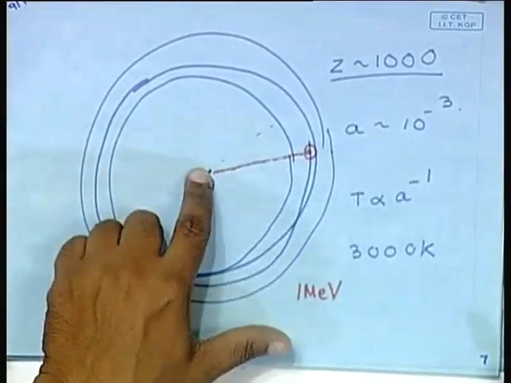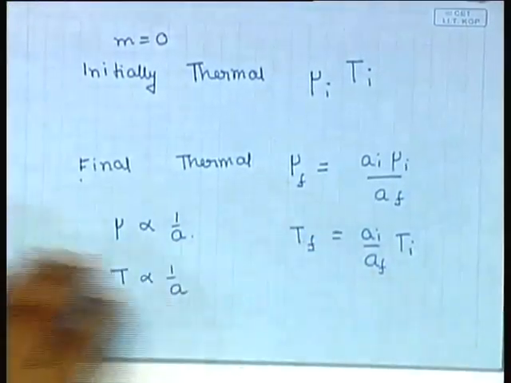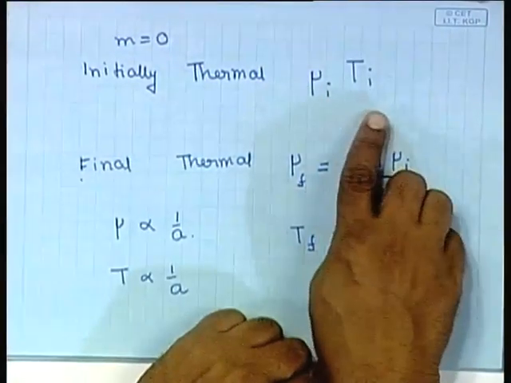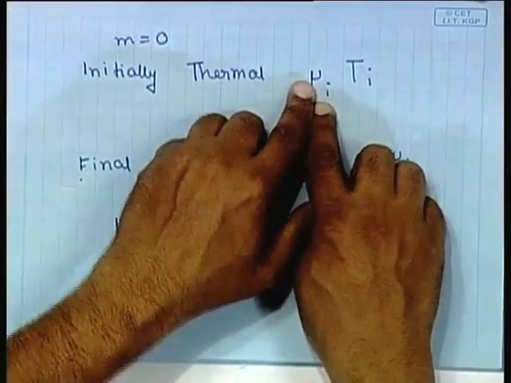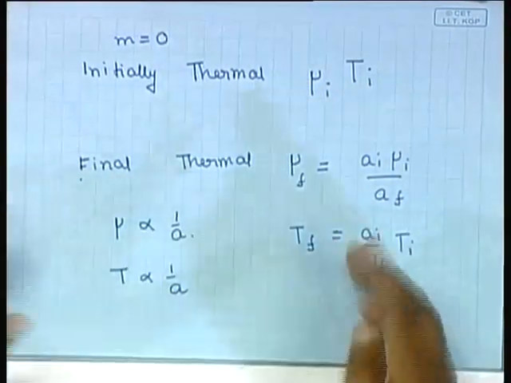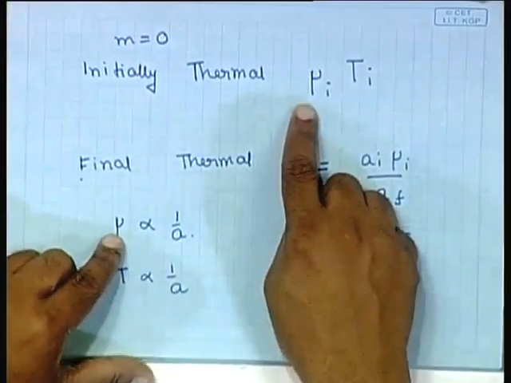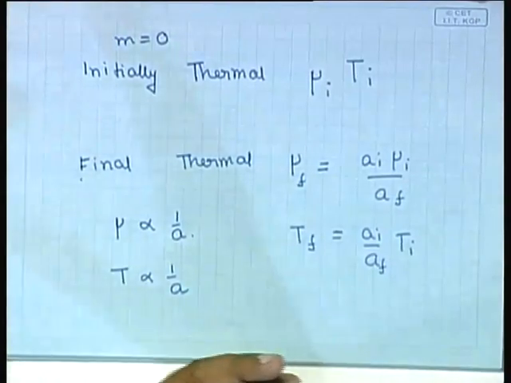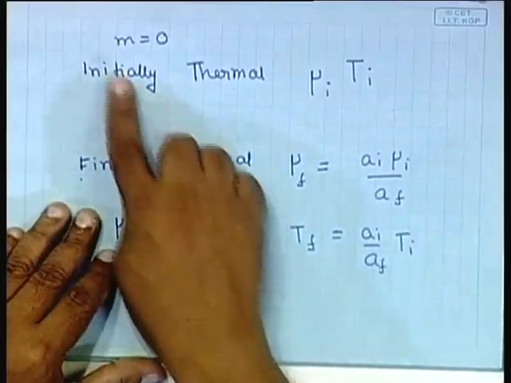The temperature of this thermal distribution, if at the instant when it was in thermal equilibrium it was Ti, then at present or at any later time the temperature would have scaled as the inverse of the scale factor. Photons will not have a chemical potential, but if there was one, it would have scaled as the inverse of the scale factor. So, once you have thermal equilibrium and then you just let them move freely after that, this is how things happen for a massless particle.